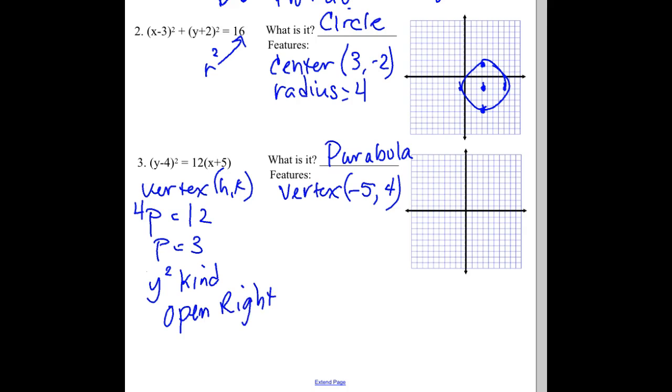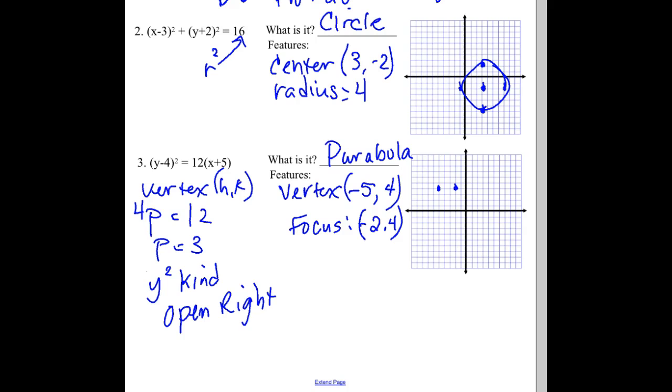All right, so plotting our vertex at (negative 5, 4), we are going to go 3 spaces to the right to get our focus. So our focus would have coordinates (negative 2, 4).